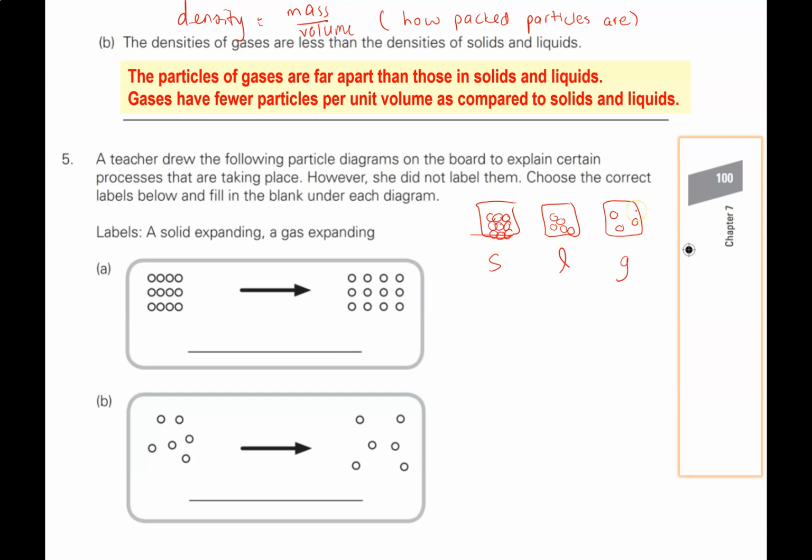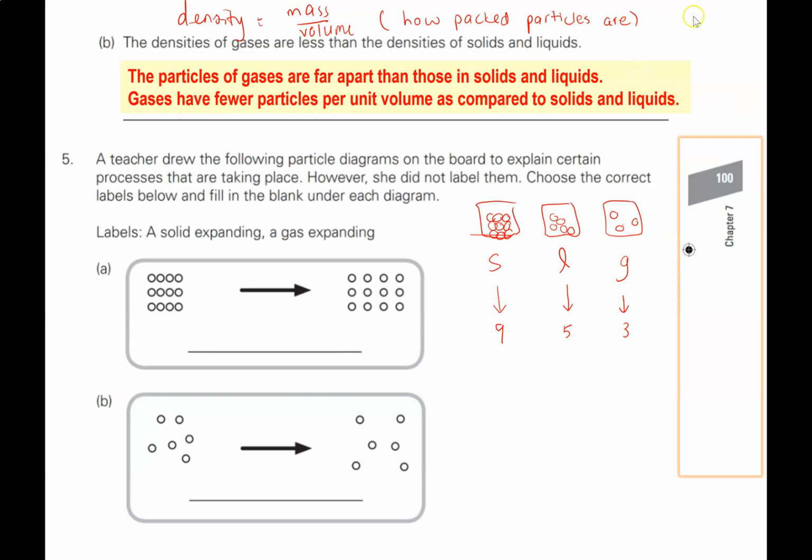All three have the same volume. But in this solid, you can see 9 particles. In liquid, you can see 5 particles. And for the gas, 3 particles. Because the gases have fewer particles in the same volume, it is considered to be the least dense.